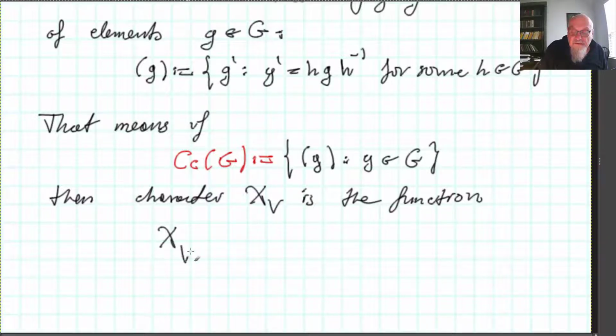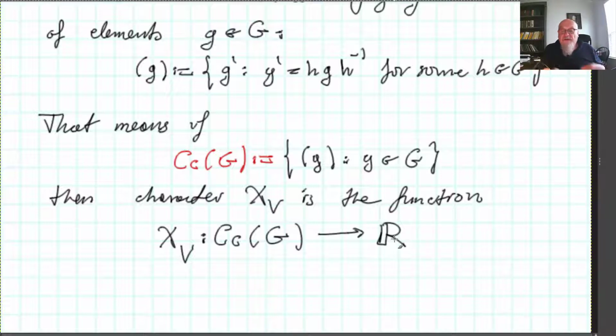And you can write it down: χ_V goes from C(G) to R.